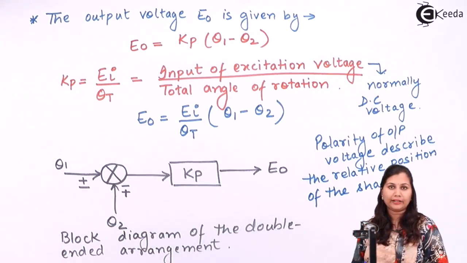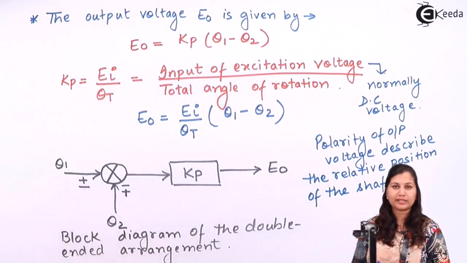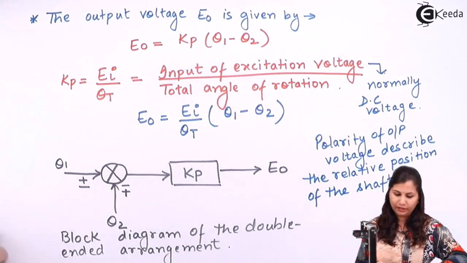So whatever be the polarity of the output voltage, it will tell us the relative positions of the shafts.